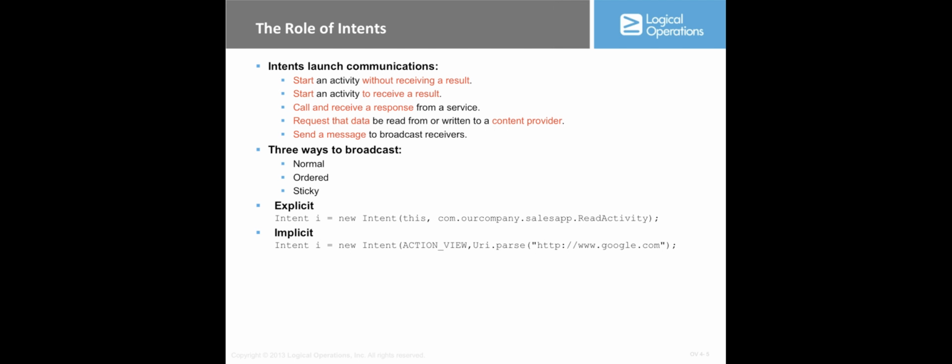An ordered broadcast, however, is delivered to one receiver at a time, in sequence. So it's going to shoot out to receiver A, receiver B, receiver C. It will not go to receiver B until receiver A has been sent the intent. So it's kind of a cause and effect action that you're going to deal with when you start dealing with ordered broadcasts.